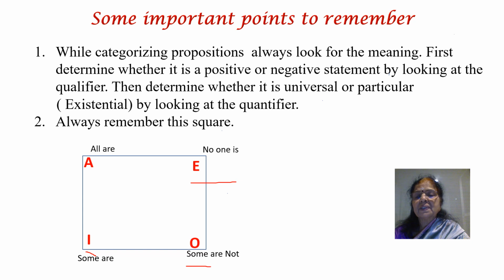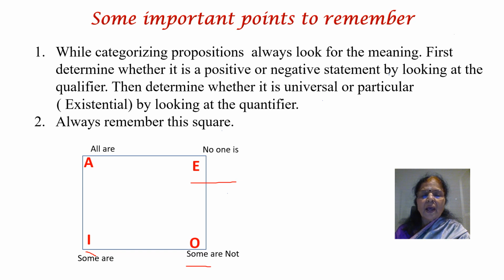It's a negative statement. No one can do this, except Magesh, only one. One exception is allowed, both in all and no one is, in positive and negative sense. So no one except Magesh can do this is universal negative, E type. Only this is a little bit confusing, but all the others you will get to know easily.